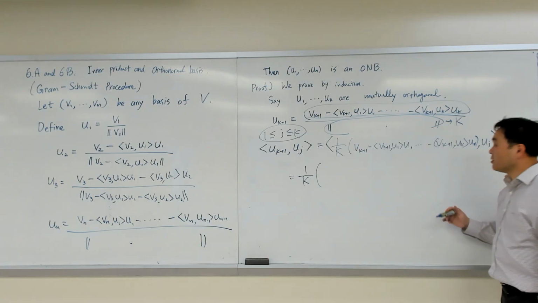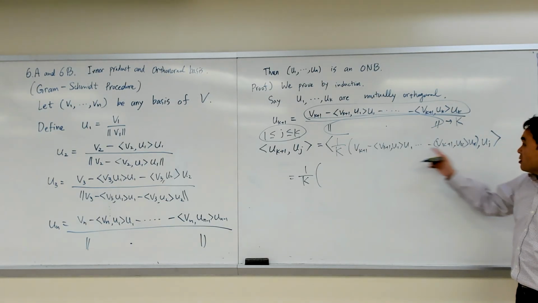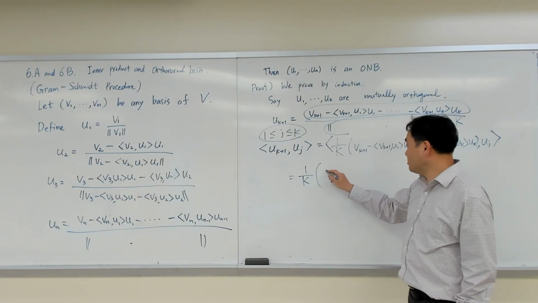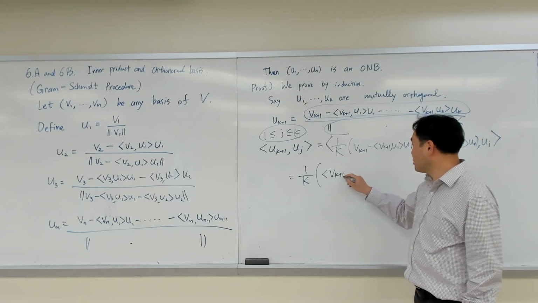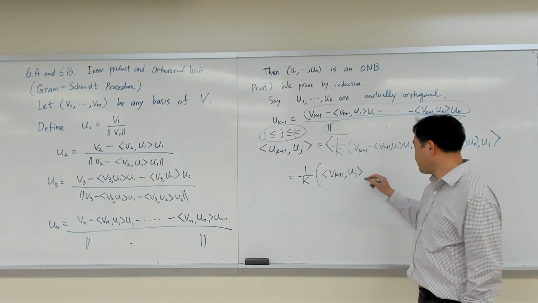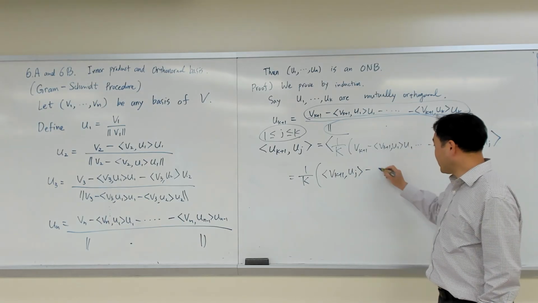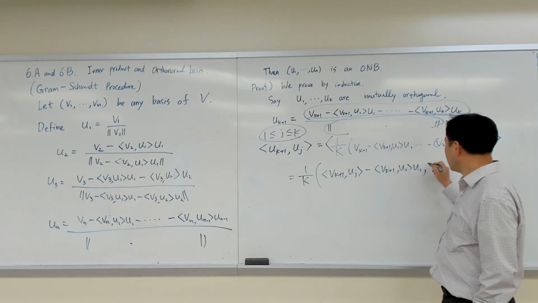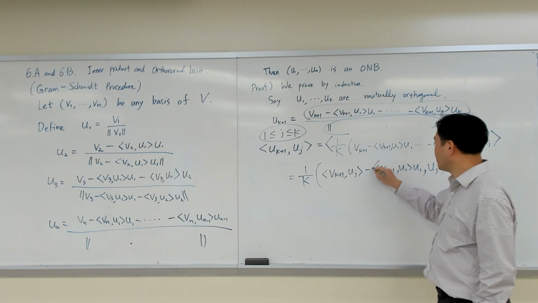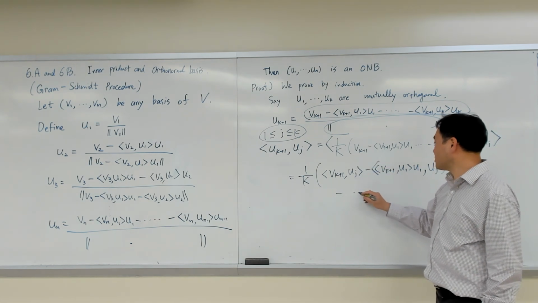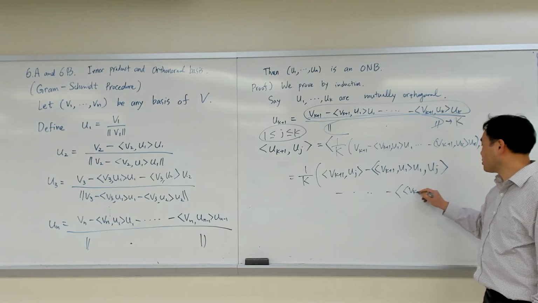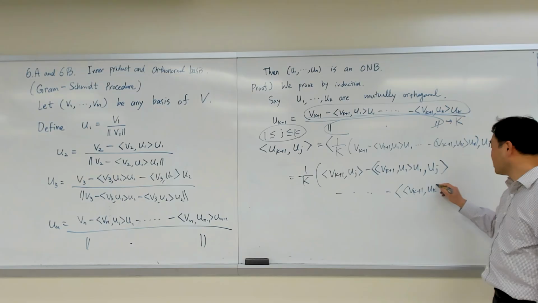By using linearity on the first component, you can now write this as (v(k+1), uj) minus (v(k+1), u1)(u1, uj), minus and so on, minus (v(k+1), uk)(uk, uj).